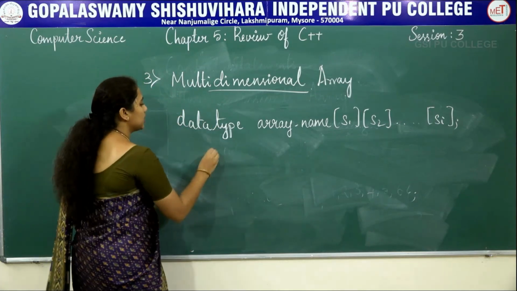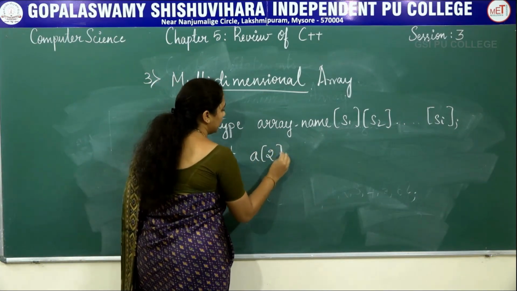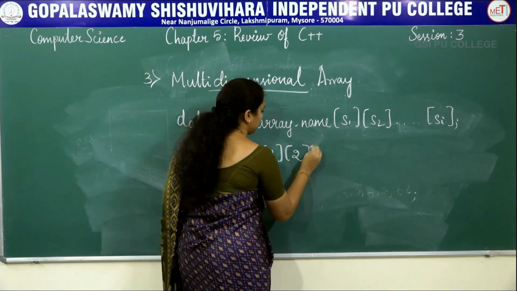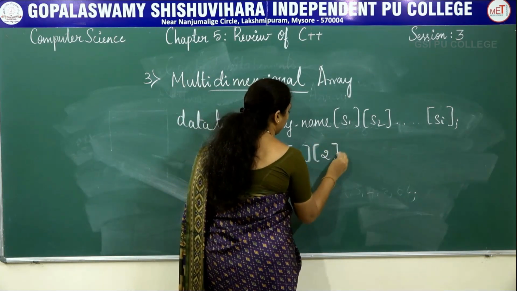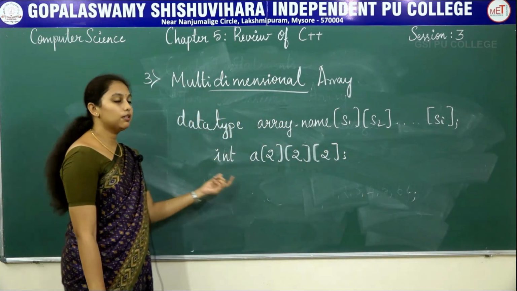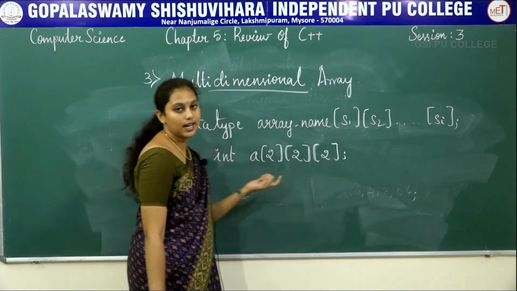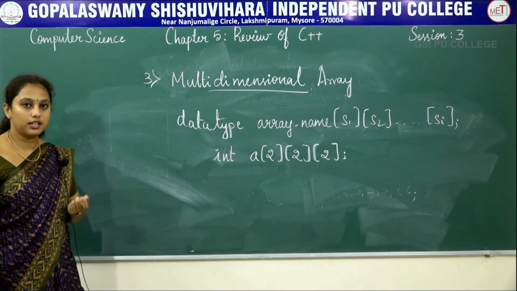An example is int a of 2 into 2 into 2. How many elements can it store? 2 cross 2 cross 2, that is, it can store 8 elements.